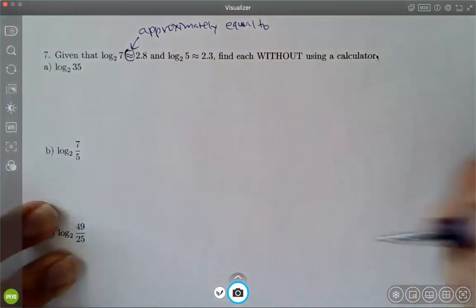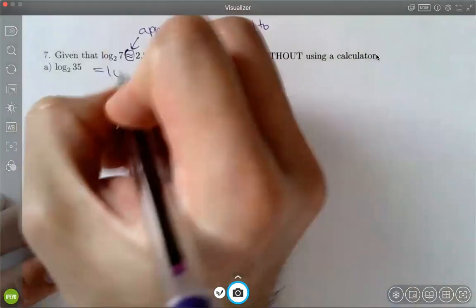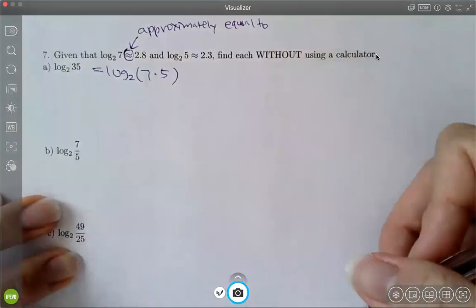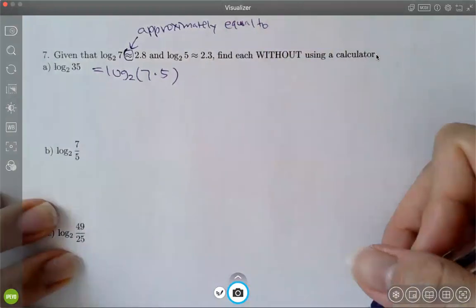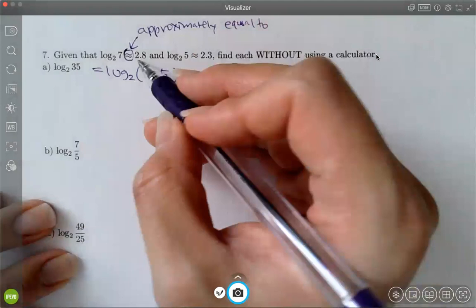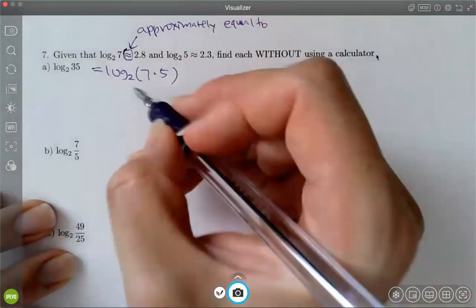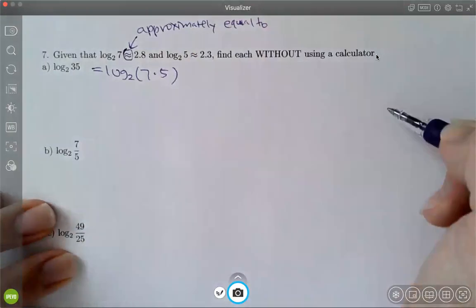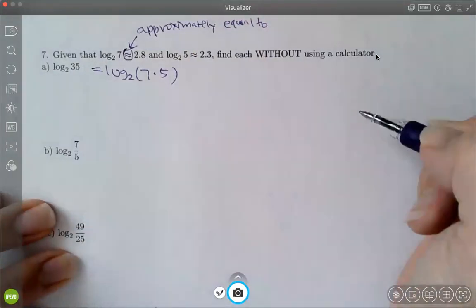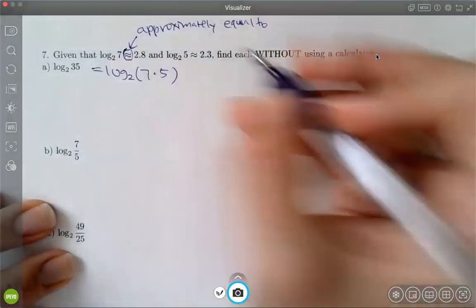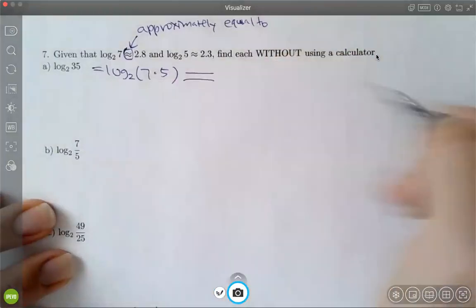So it's log 2, 7 times 5. Now, does that mean we need to multiply 2.8 and 2.3, because we have a multiplication? No, be careful. You have a product within the log, and what does that mean in terms of each individual log?